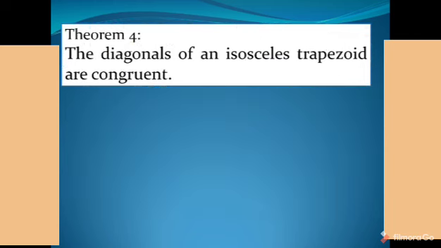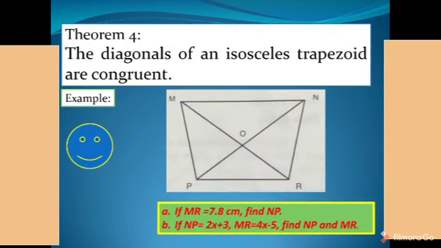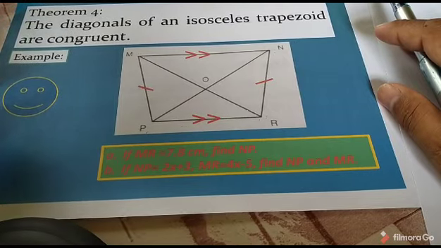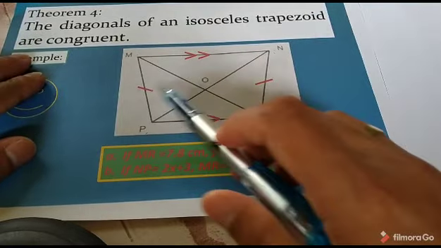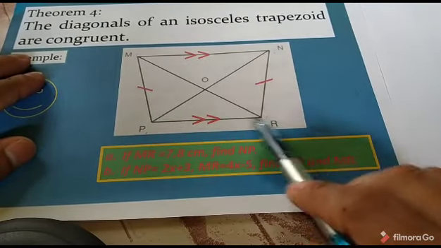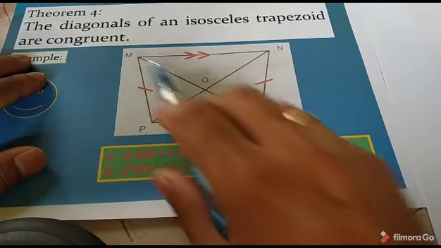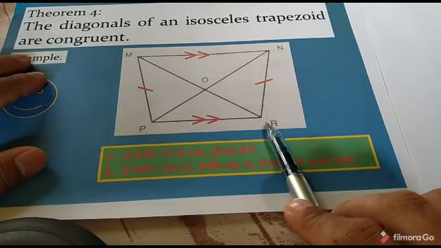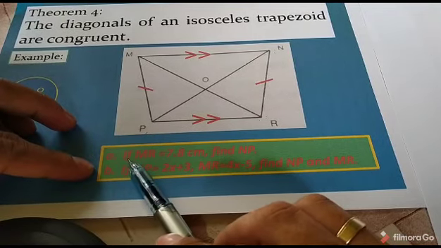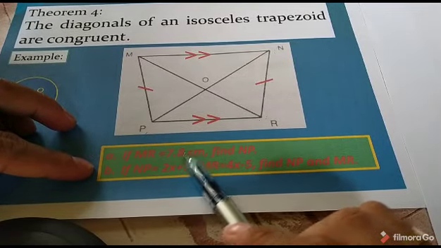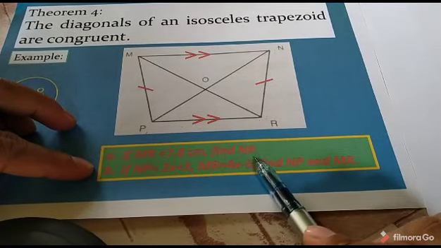So let's now move on to example. Theorem number 4 example, we have here an isosceles trapezoid MNRP with diagonals NP and segment MR. So, we have problem number 1. If segment MR is 7.8 cm, find segment NP.